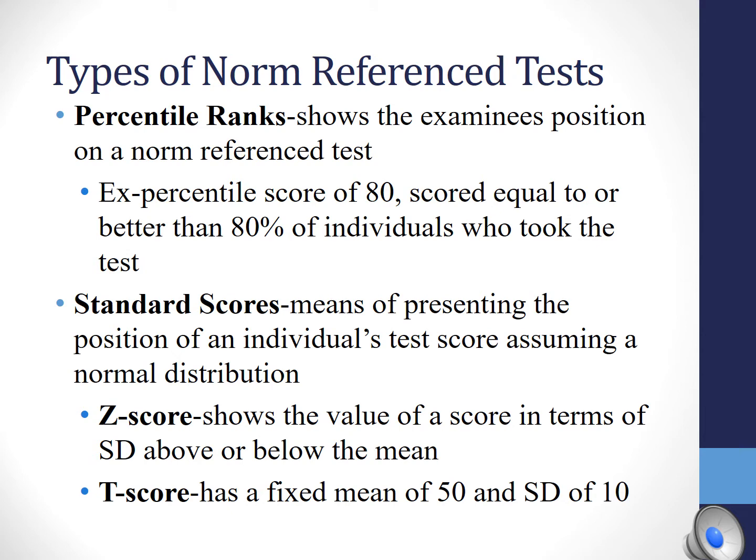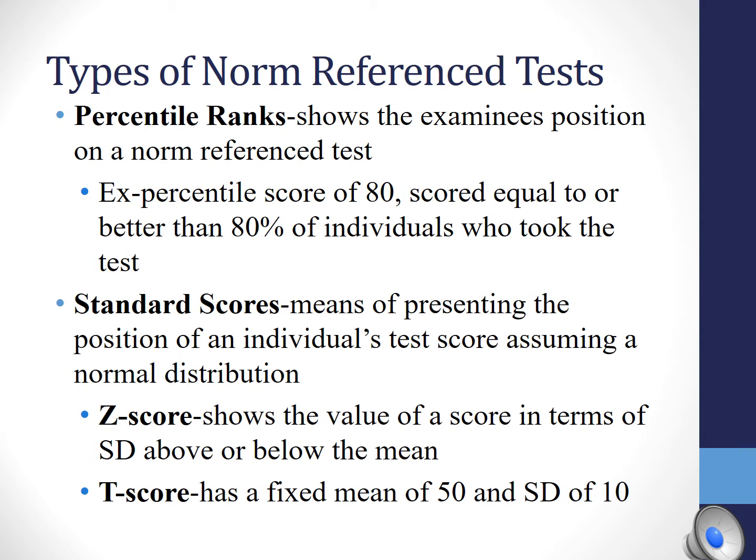Specifically, standardized scales express the person's distance from the mean in terms of a standard deviation. Standardized scores are continuous and have equality of units. The two most commonly used standardized scores are the Z-score and the T-score.